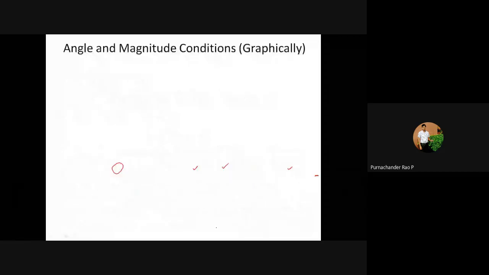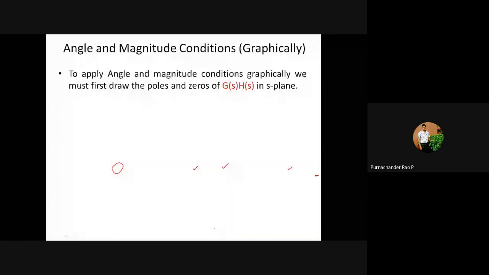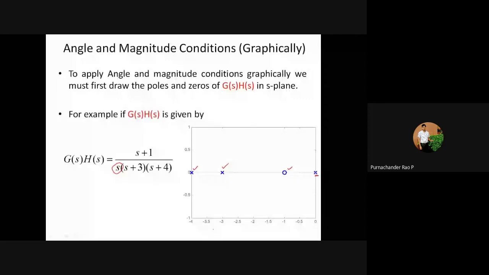Okay, so to apply the magnitude conditions graphically, we must draw the poles and zeros of G(s)H(s) in the s plane. Let us take the system given by G(s)H(s) equal to (s+1) divided by s(s+3)(s+4).